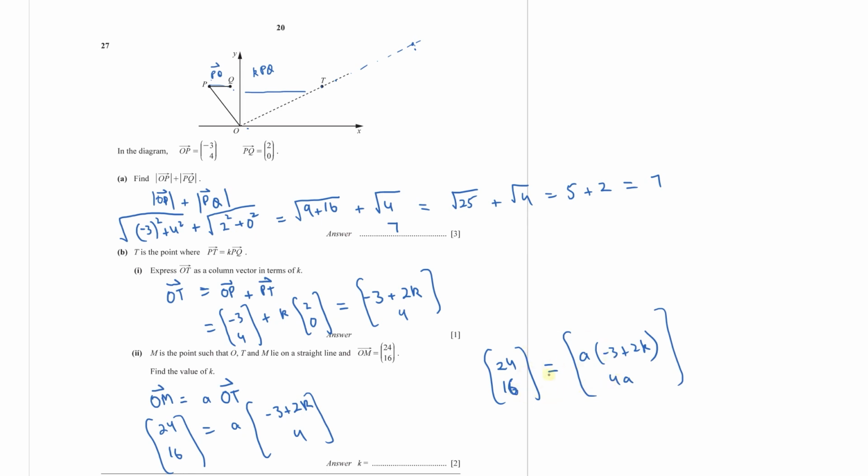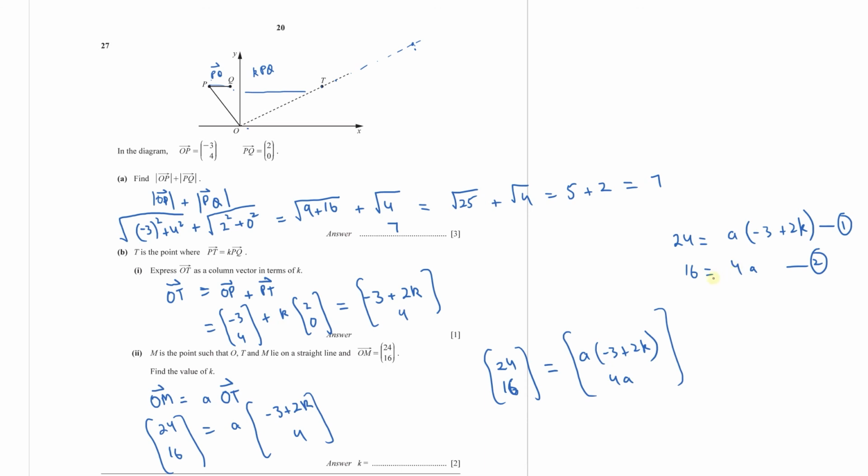So I have two equations with two unknowns, K and A. My first equation is 24 equals A times (-3 + 2K), and the second equation is 16 equals 4A.